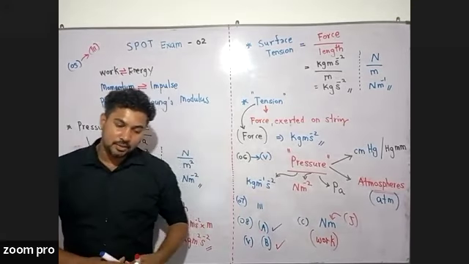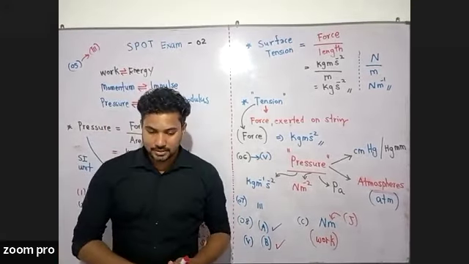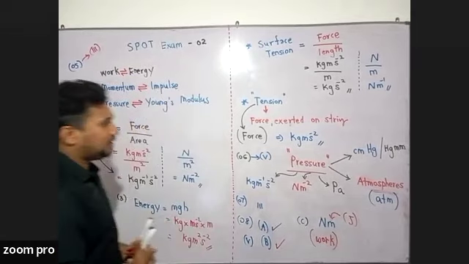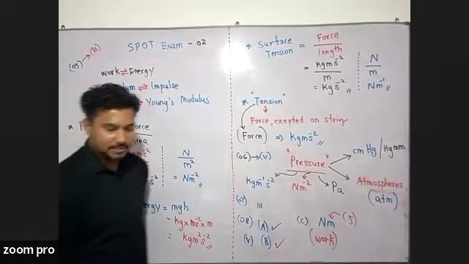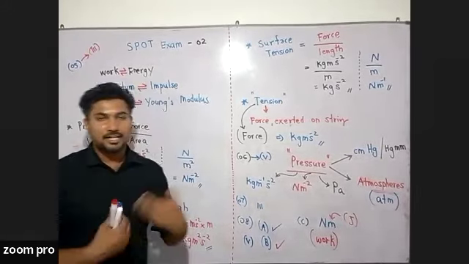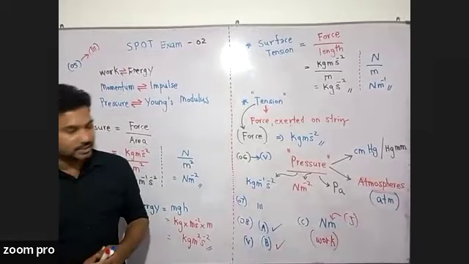Okay. Now this is the end of spot exam number 2, right? So I think you have learned some additional things for your knowledge. Likewise, we have to do a lot of questions.